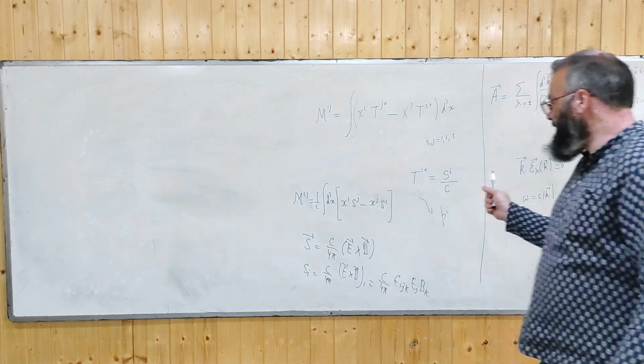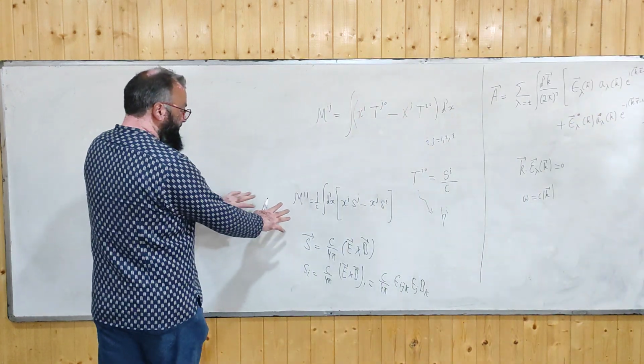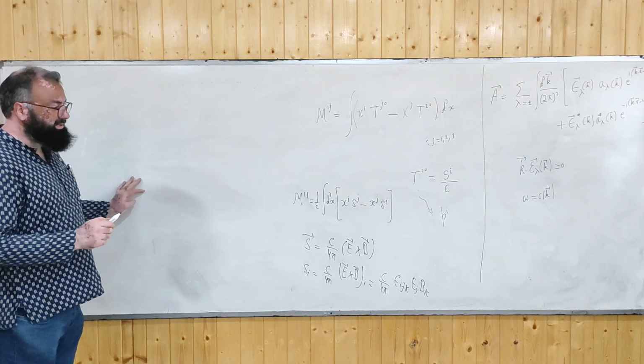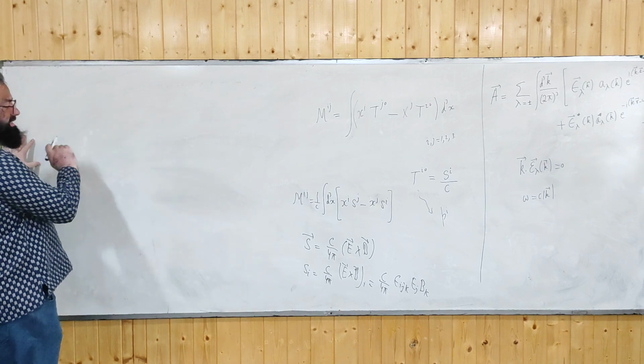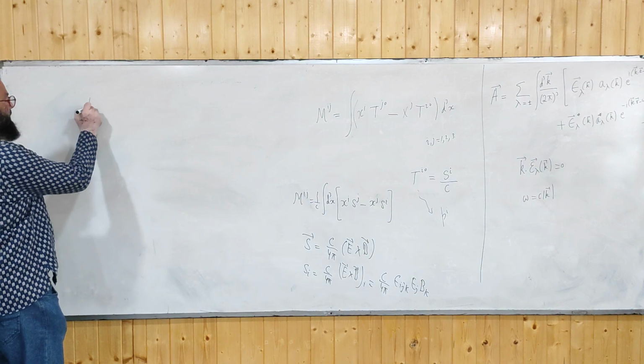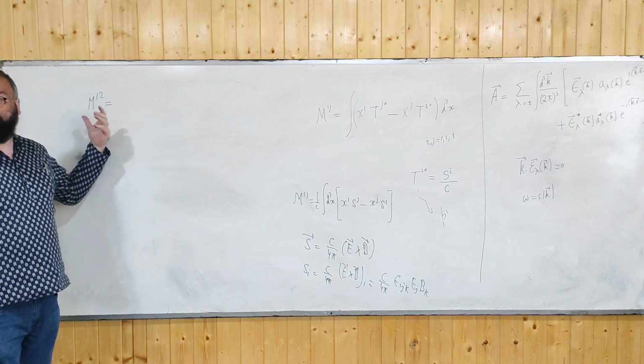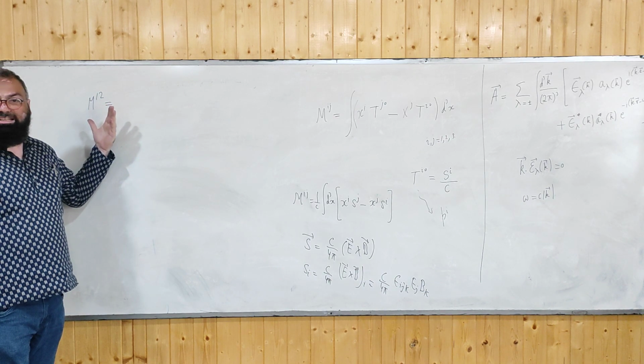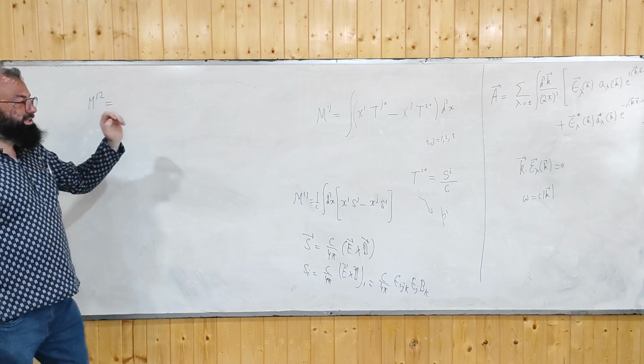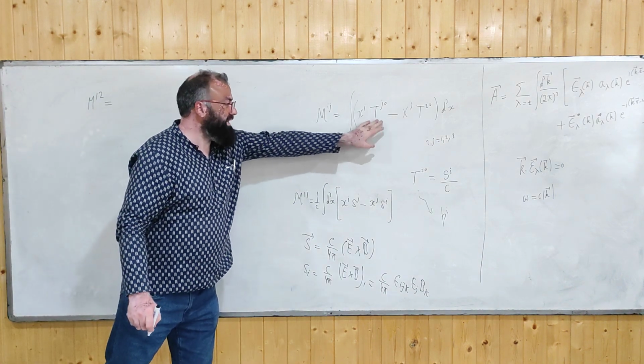So let's take this M_ij for the time being. Let me write M12. Let's start. What will M12 give me? Look at this very formula.